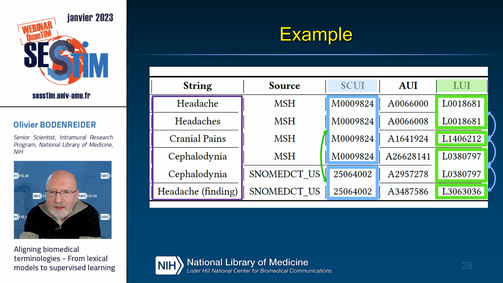The green groupings represent the groupings that come from lexical similarity and normalization. And as you can see, we can combine information from the blue groupings and the green groupings and derive a broader set of groupings, which is the purple groupings that corresponds to what goes into the concept.